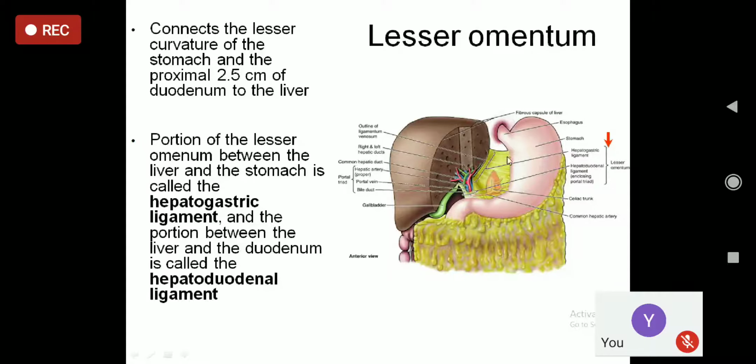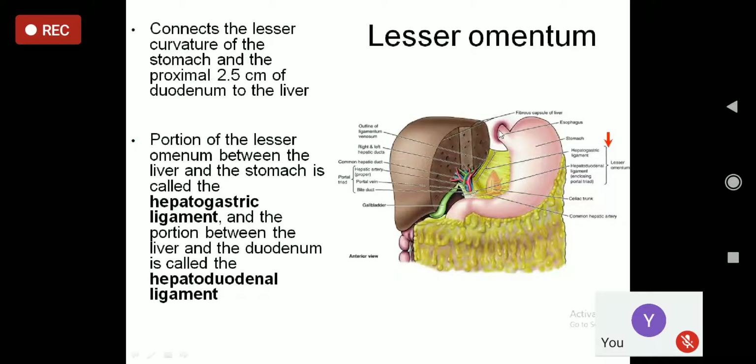So the hepatogastric ligament is between the stomach and the liver, and the hepatoduodenal ligament is between the first part of the duodenum and the liver. In total it is known as the lesser omentum. This is the hepatogastric ligament and this is the hepatoduodenal ligament. Both of them together we term the lesser omentum.